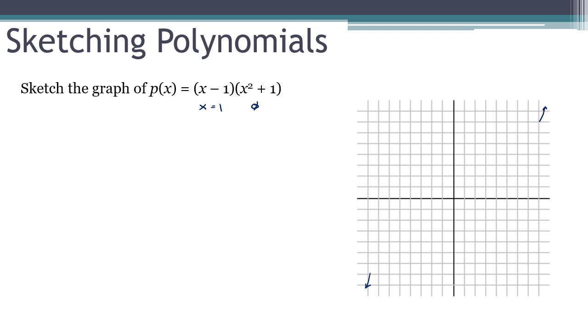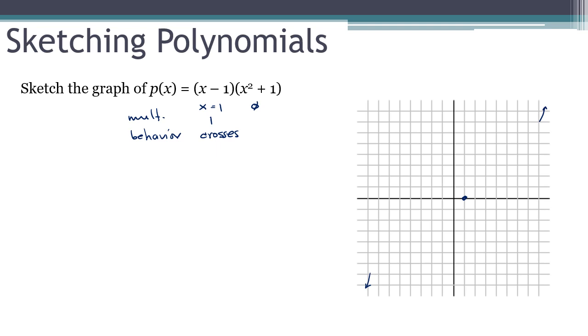So what are my multiplicities? Well, the multiplicity here is 1, which means the behavior is crosses. So my root is here, at 1.